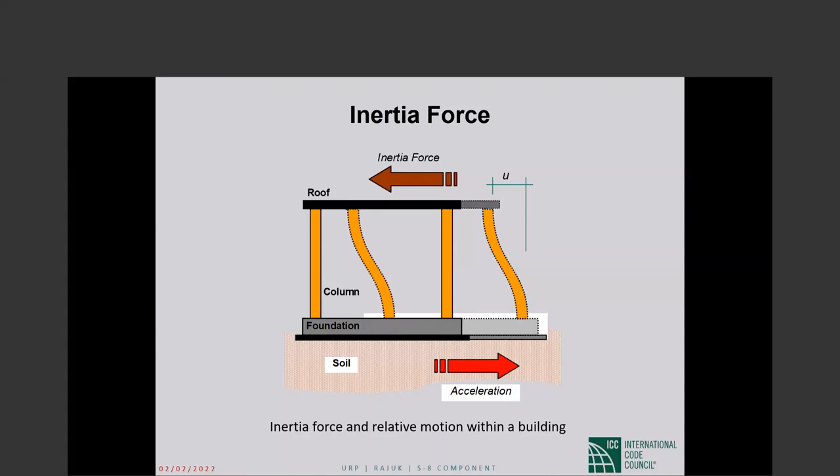And this is called the inertia force. The important point for you to note is that the inertia force is in a direction opposite to that of the earthquake ground motion. So earthquake ground motion causes the inertia force, but the direction of the force is opposite to that of the ground motion.